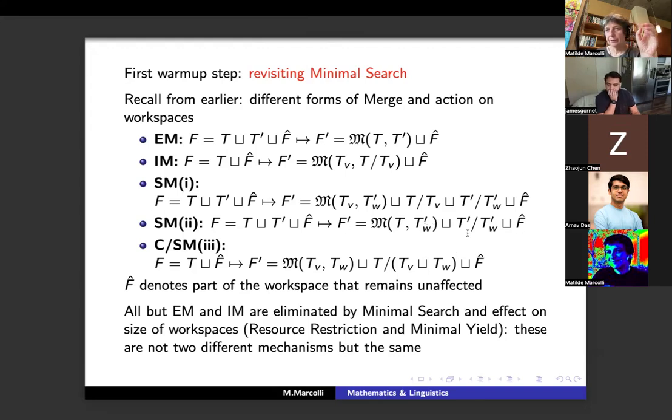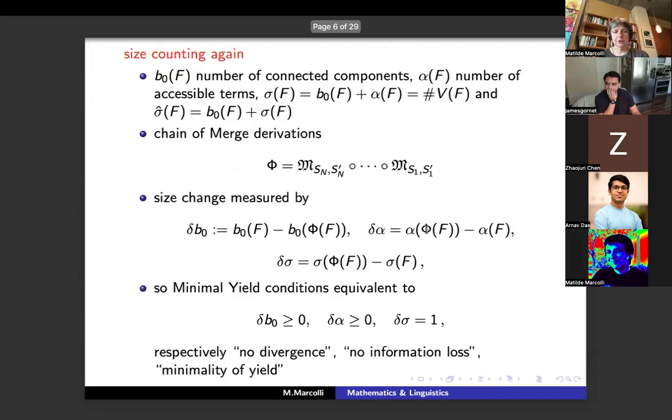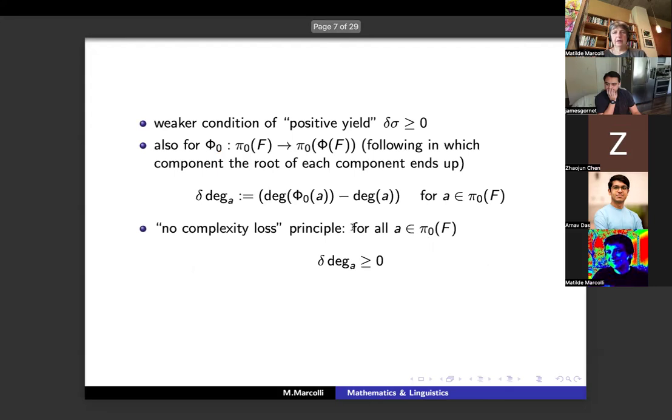So you keep track of where each component goes, specifically where the root of each component goes, or what remains attached to that root goes. And one can formulate this type of constraint, which is to say that this should be an operation that builds more complex structures, right? So you want things to end up being part of more complicated structures and not end up in smaller structures.